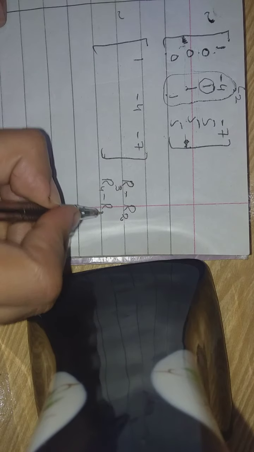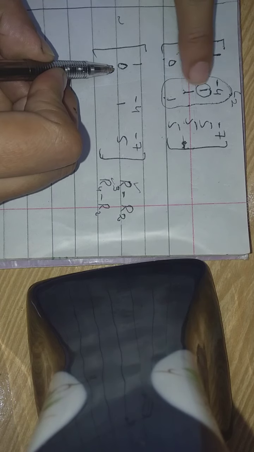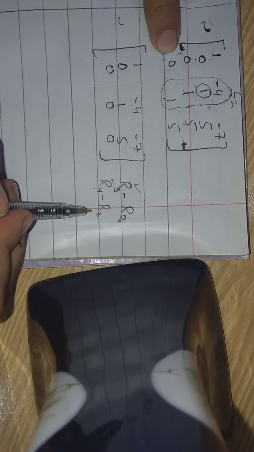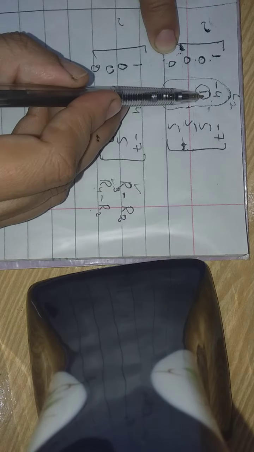The change always occurs to the row in which addition or subtraction is done. So R3 minus R2 will be 0 minus 0 is 0, 1 minus 1 is 0, 5 minus 5 is 0. Now R4 minus R2 will be 0 minus 0 is 0, 1 minus 1 is 0, and 5 minus 5 is 0.